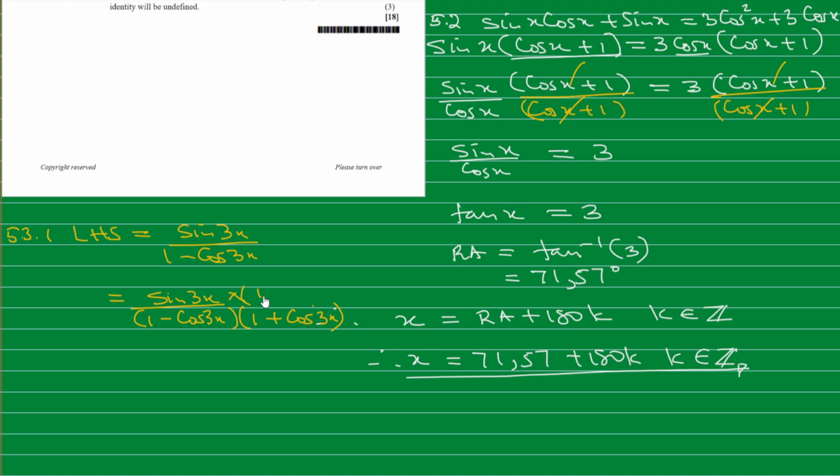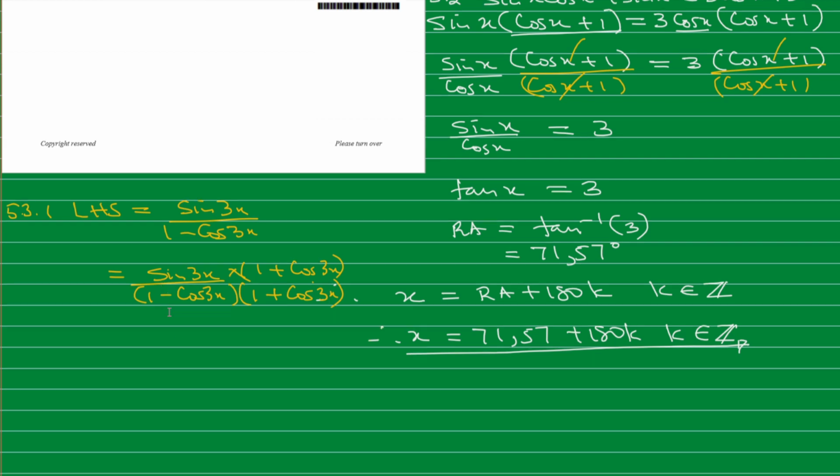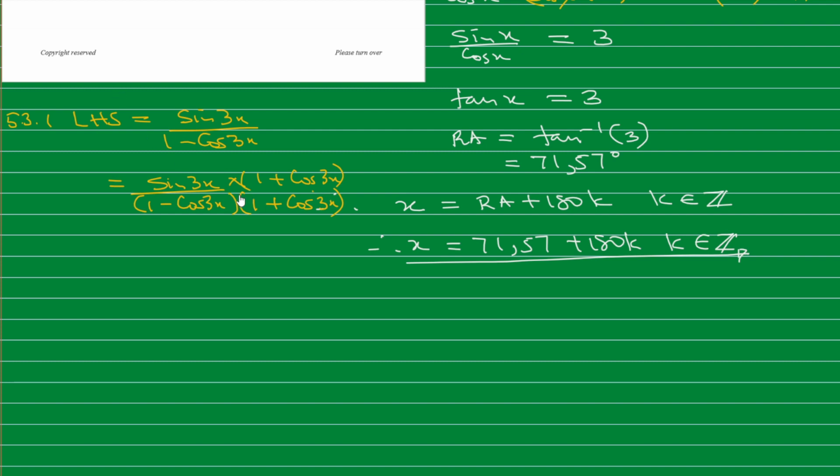The conjugate term is, here it's 1 plus cos 3x, here it's 1 minus cos 3x, more like what we find in a difference of two squares. But this is not a square number. So if one term is positive here, the other term is negative. We haven't changed anything because this is 1 plus cos 3x over 1 plus cos 3x, so we are simply multiplying it by 1, but manipulating it in that way.